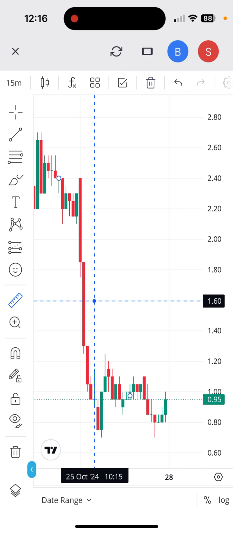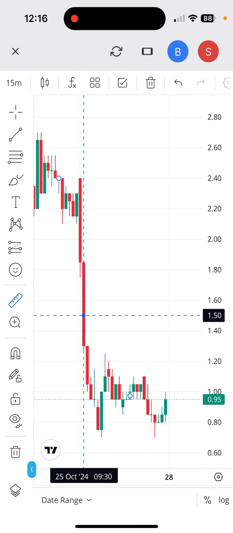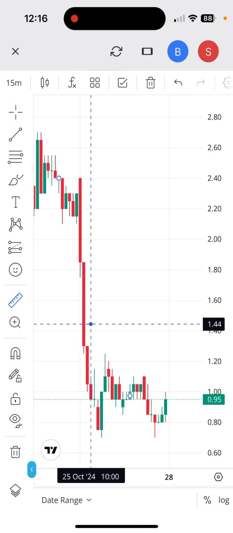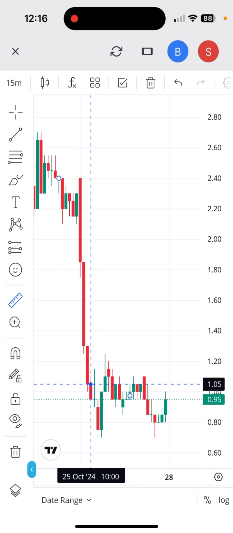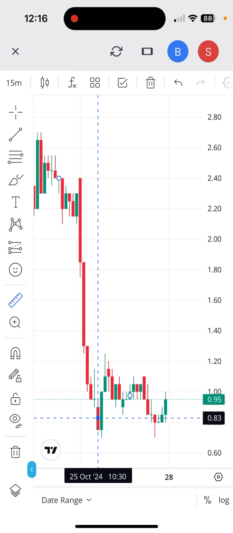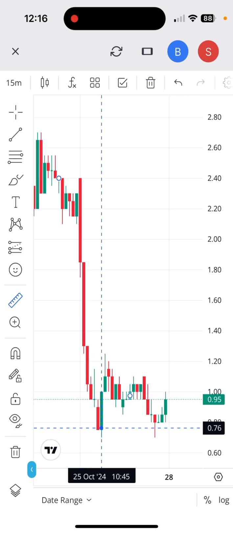Check out the 15-minute chart. Here, 9:30, 9:45. Okay. It should have sold at 1, right? Bought it near this green candle. So this is 0.7. So 0.3 points.